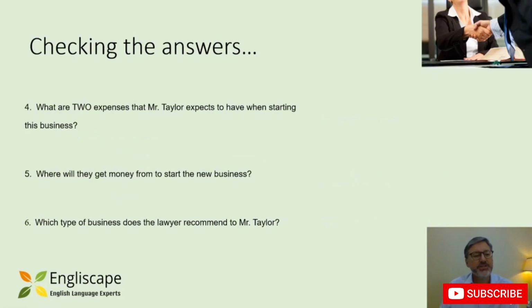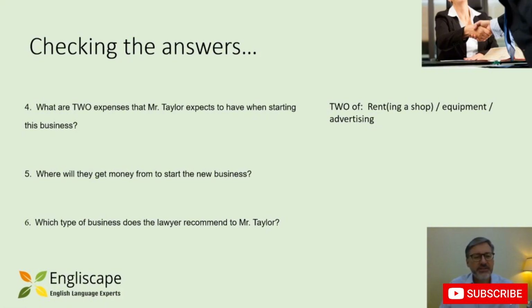Let's check questions 4, 5, and 6. 4. What are 2 expenses that Mr. Taylor expects to have when starting this business? The answer? 2 of rent or renting a shop, equipment, and or advertising.